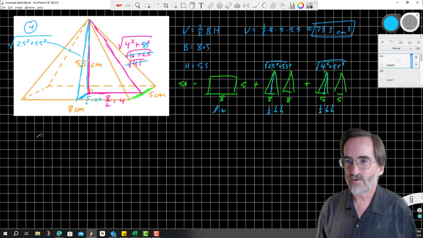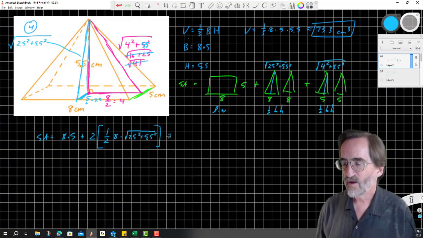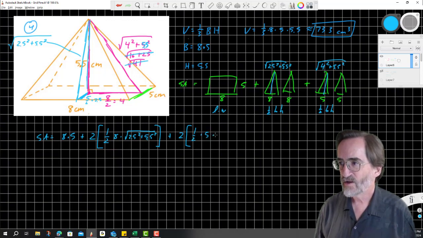So the surface area is 8 times 5 plus 2 of these triangles that are 1/2 of 8 times the square root of 2.5 squared plus 5.5 squared, plus 2 of the 5 centimeter base triangles, 2 of the 1/2 times 5 times the square root of 4 squared plus 5.5 squared.